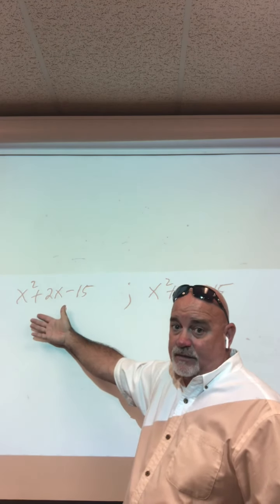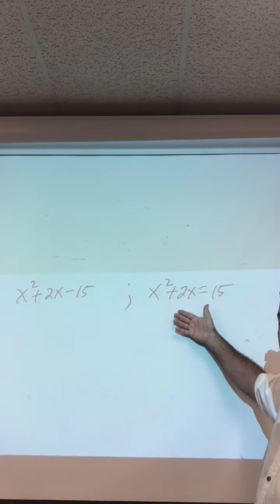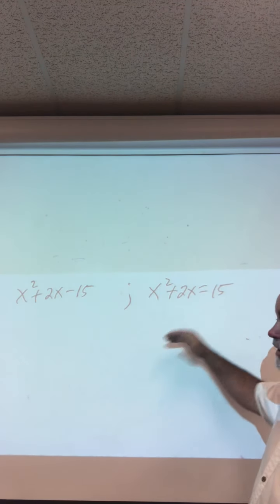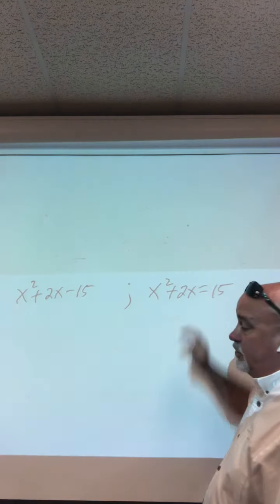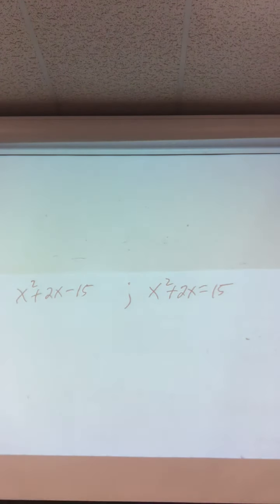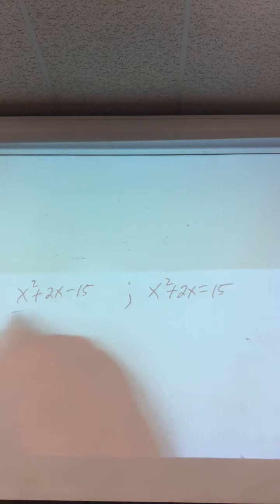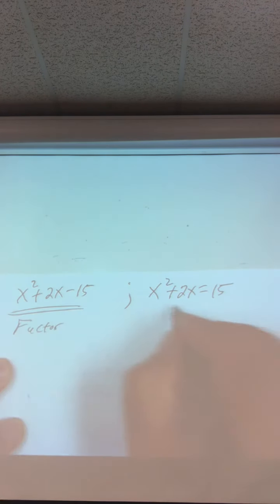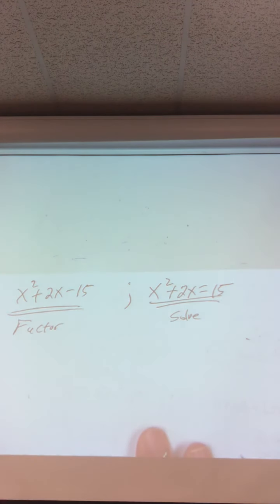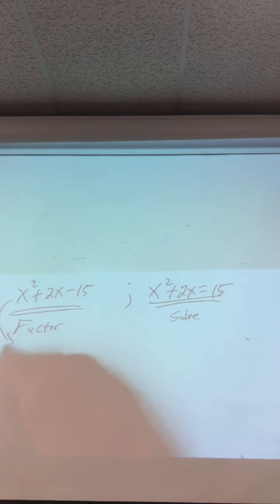There's no equal sign. But this I can call a quadratic equation. So this is a quadratic, this is a quadratic equation. What's the difference? These we factor. These we solve.